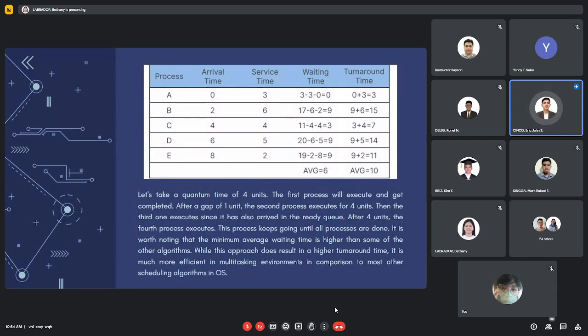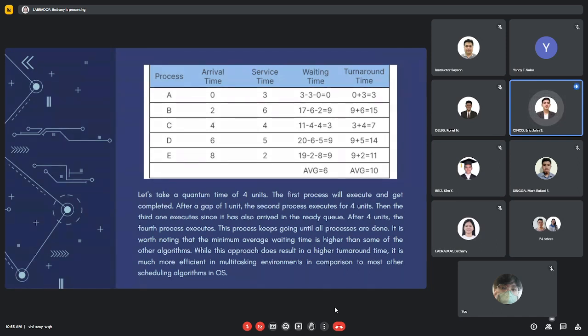So as you can see in the figure again, we have the processes A, B, C, D, E, their arrival time, burst time or service time, waiting time and turnaround time. So let's take a quantum time of 4 units. The first process will execute and get completed. After a gap of 1 unit, the second process executes for 4 units. Then the third one executes since it has also arrived in the ready queue.